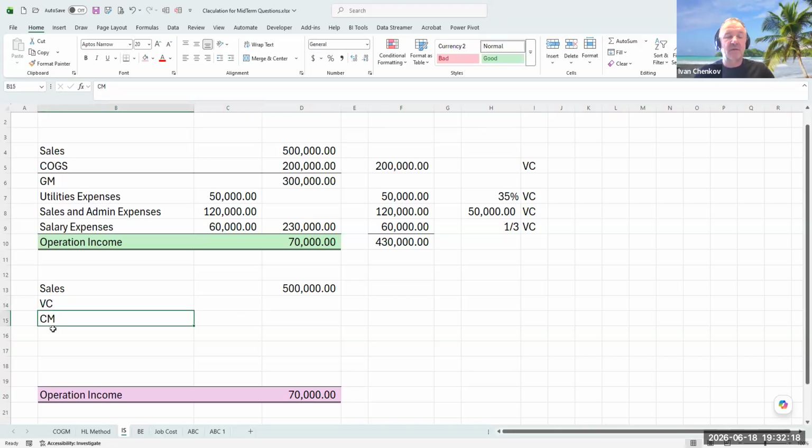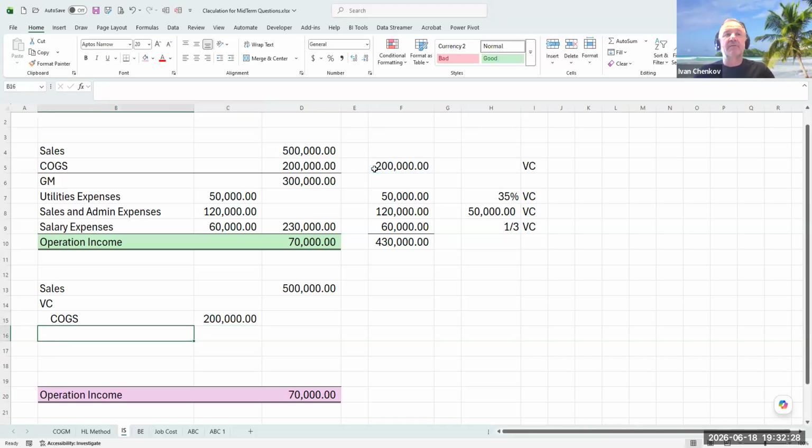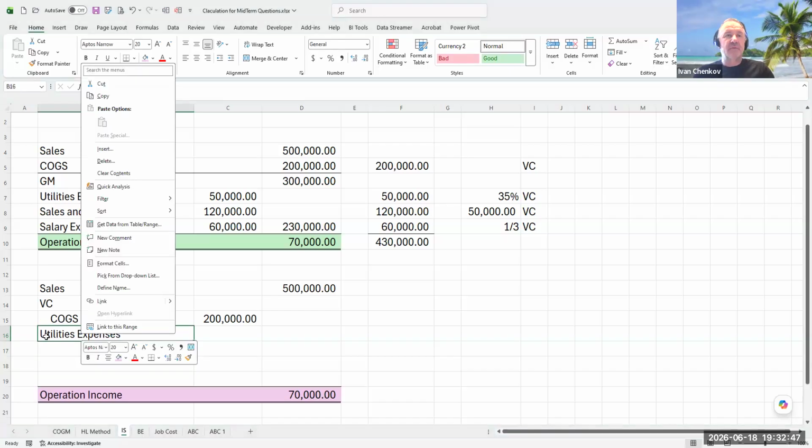And the first one, let's put some space, cost of goods sold, and cost of goods sold is 200,000. Next variable cost is utility expenses. Now let's do some formatting for those 1, 2, 3.